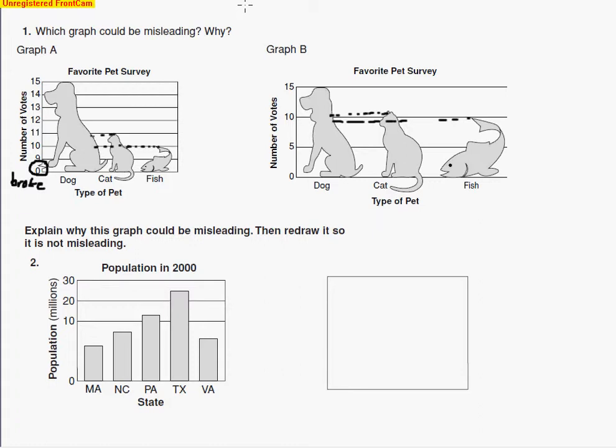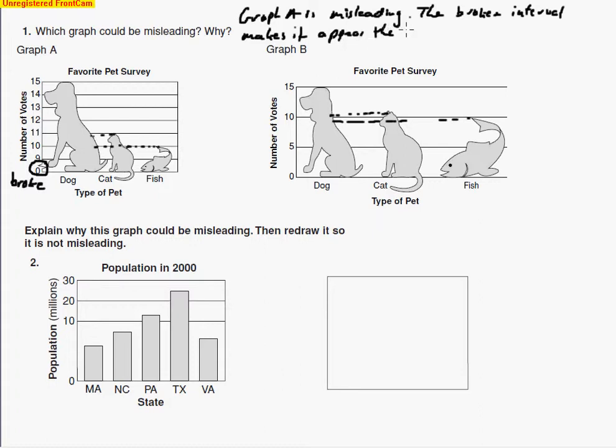So we'd say the graph A is misleading, and the reason, because we have to state why, is that we'll say the broken interval makes it appear the dog, or we'll say dogs are twice as popular.